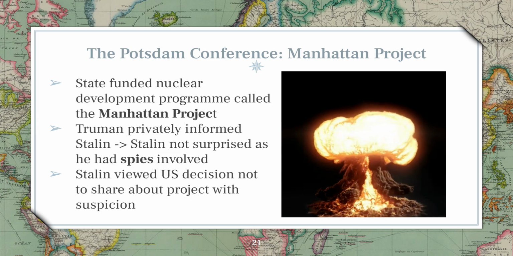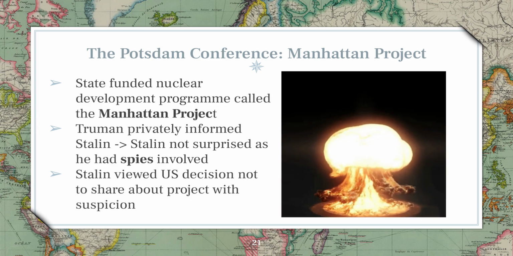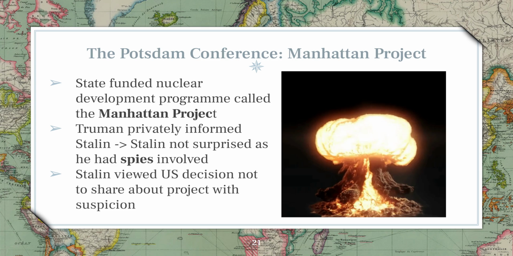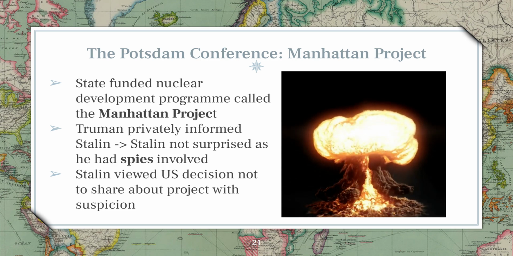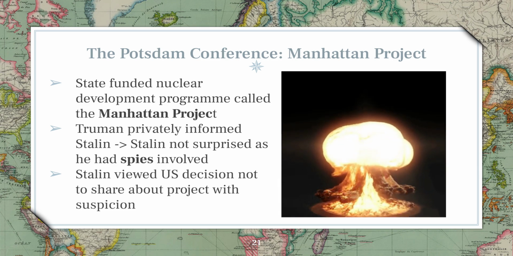I suspect for leverage, all right, to ensure, like, hey, come on, I have this weapon on the table. Yeah, it's really scary. You should be scared. You should stop being such a bully, Stalin, in Eastern Europe, because I have this.